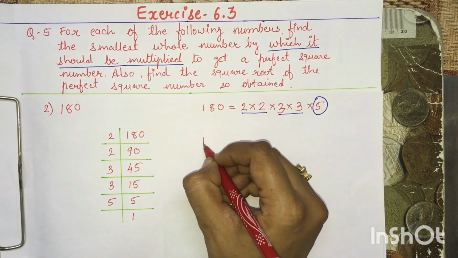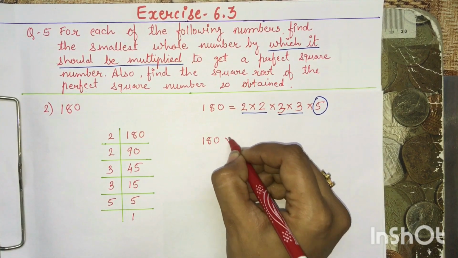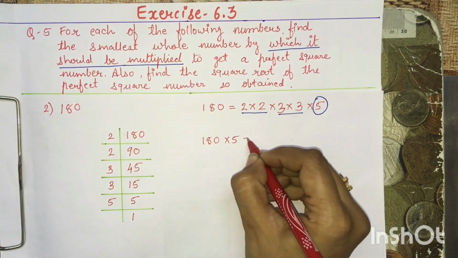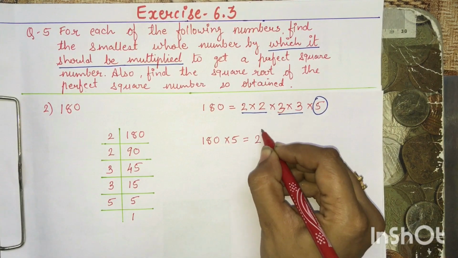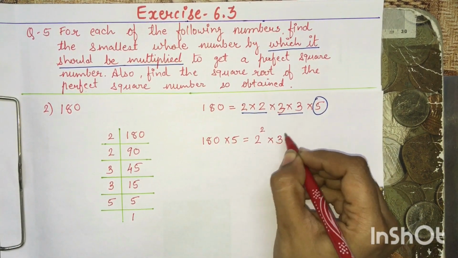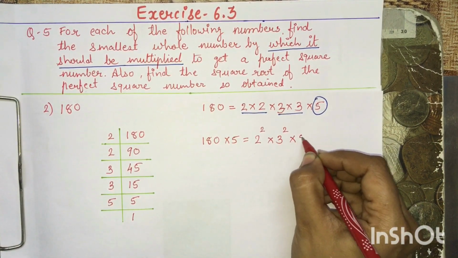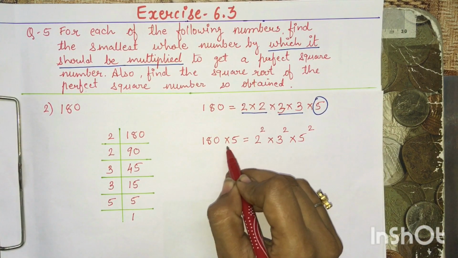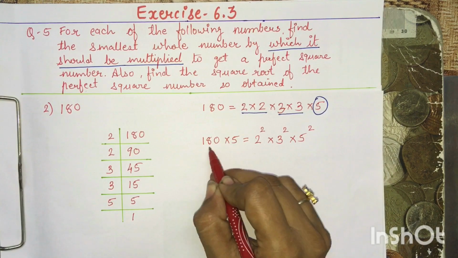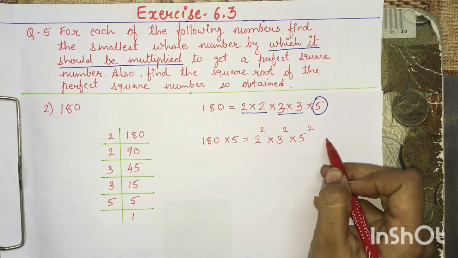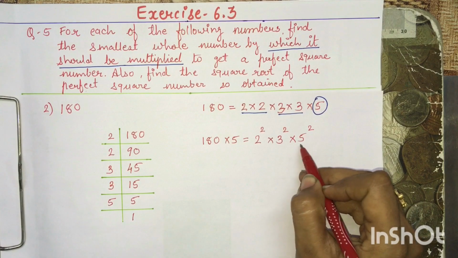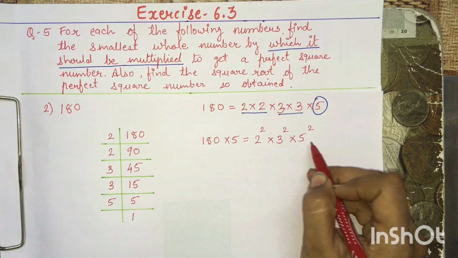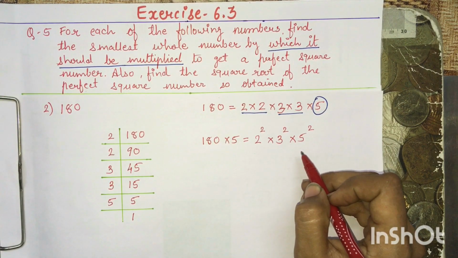So 180 into 5, now I can write it as 2 square into 3 square into 5 square, because this 5 I have multiplied with 180, so on the right side also I have to multiply with 5. So now number 5 is paired, so I can write it as 5 square.